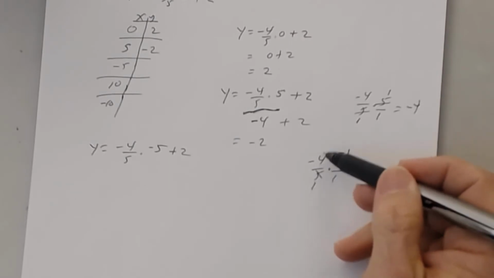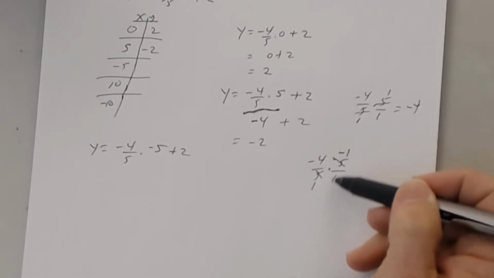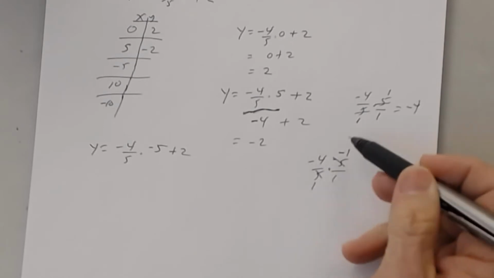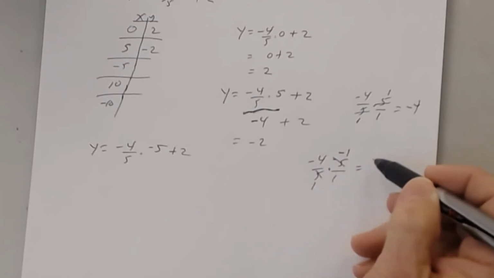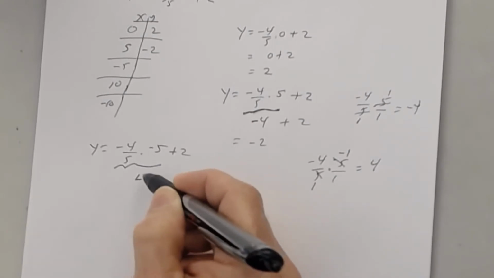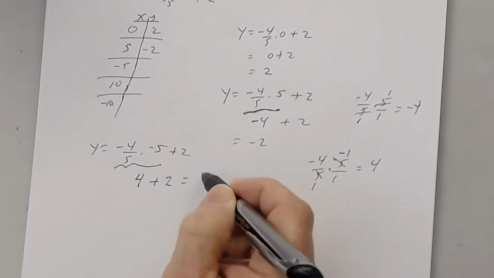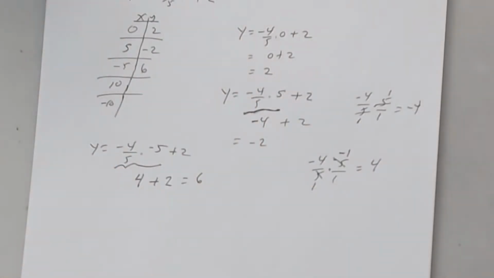This fraction, now that it's reduced, is what number? Negative 4. This fraction that's reduced is now what number? What's a negative 4 times a negative 1? Positive 4. So that is just this, right? But I got to do what to it? Add 2, and what do I get? 6.